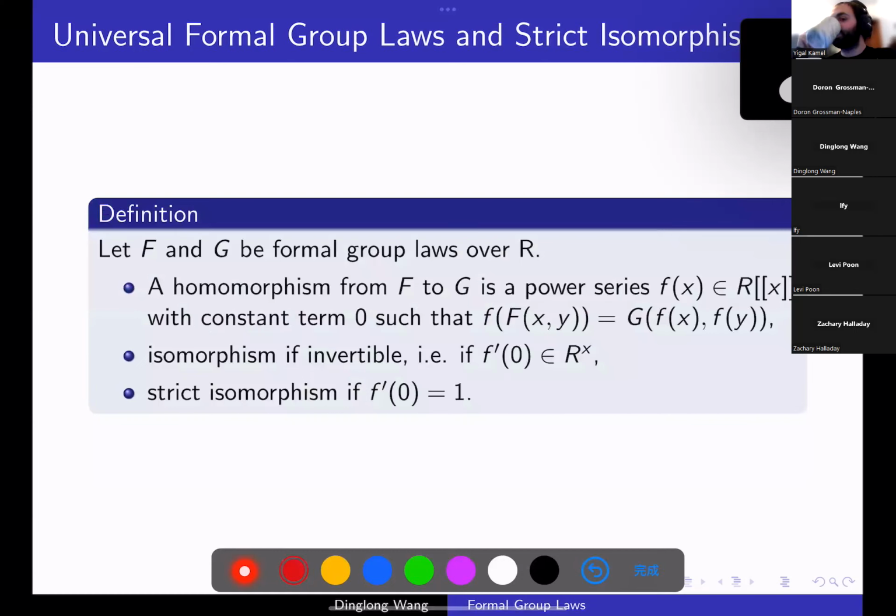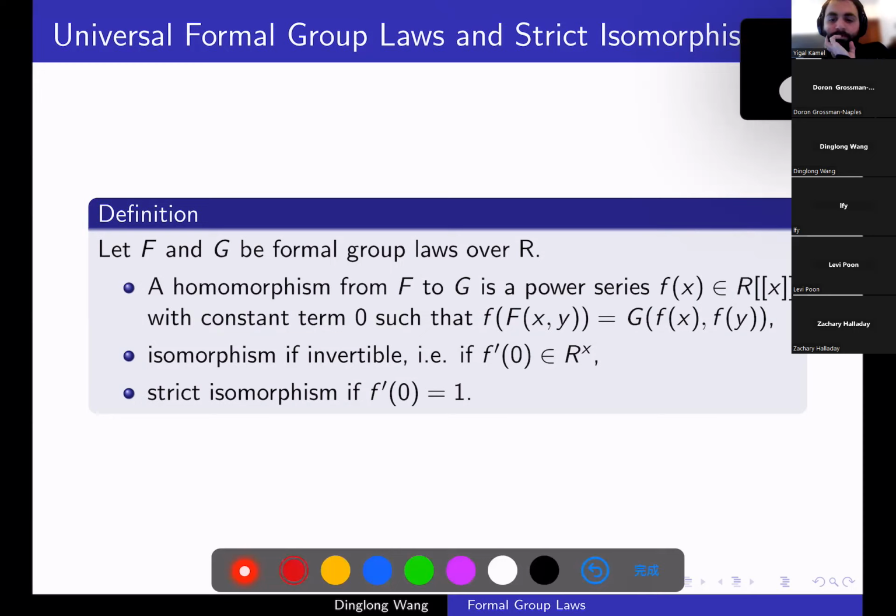Okay, and so I will talk about morphisms between formal group laws. A homomorphism from F to G is a power series f(x) with constant term 0, such that, if you think of F(x, y) as addition, it's really a homomorphism between groups.